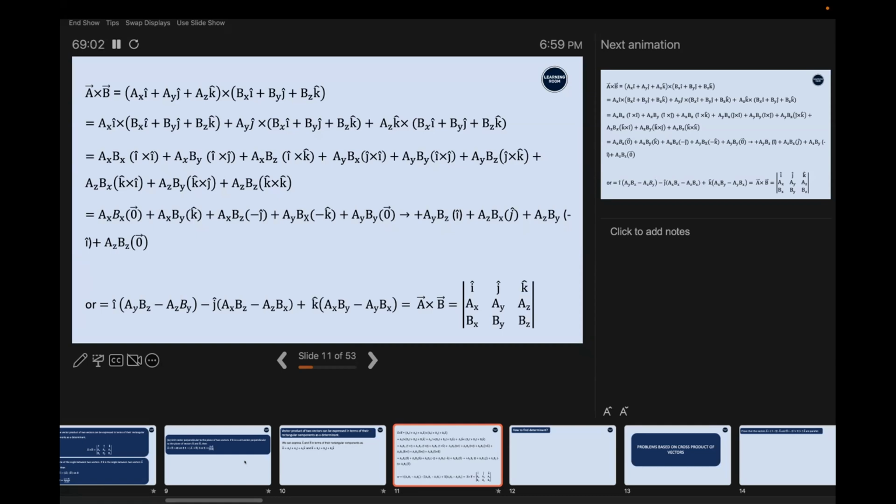How to expand that, I will explain. But if you condense it, you write it this way: i cap, j cap, k cap in the first row, ax, ay, az in the second row, bx, by, bz in the third row. Make a note of this.